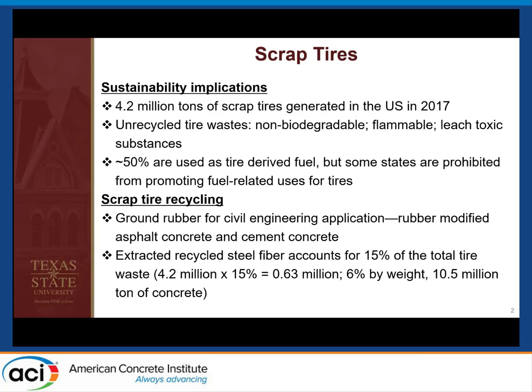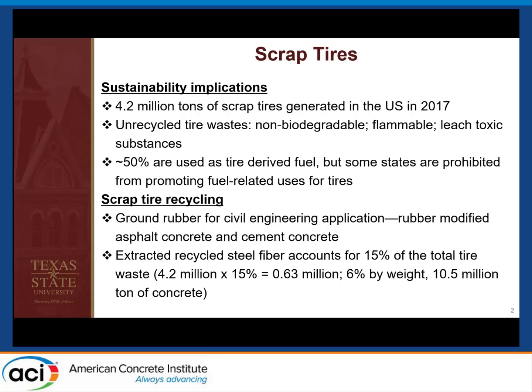So currently, about 50% of the tire waste is used as tire-derived fuel, but some states, such as California, prohibit fuel-related use of tires. Because of the significant sustainability implications, as well as the huge market behind it, the scrap tire recycling industry is growing very fast.